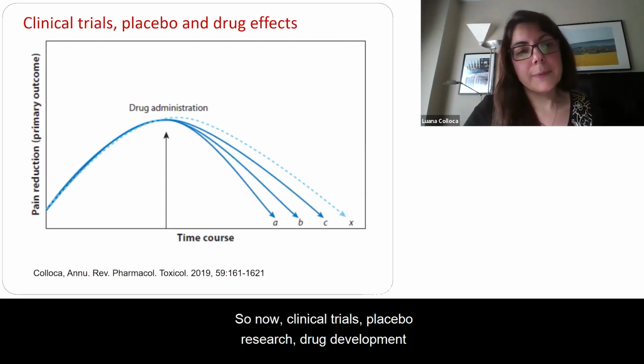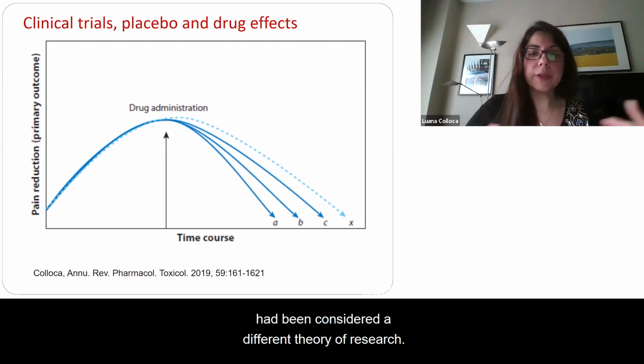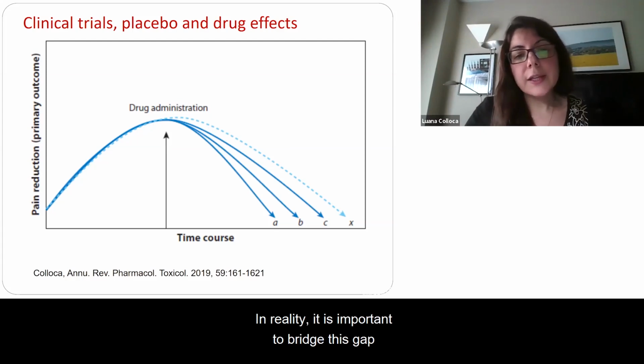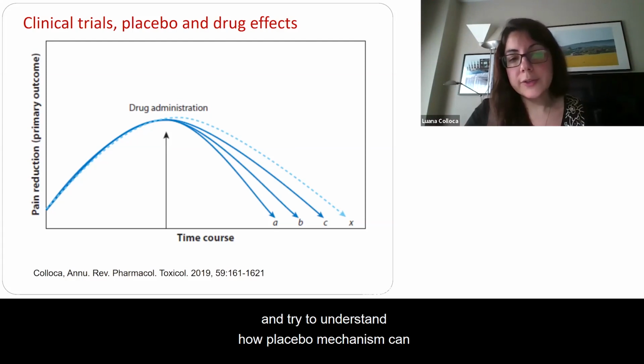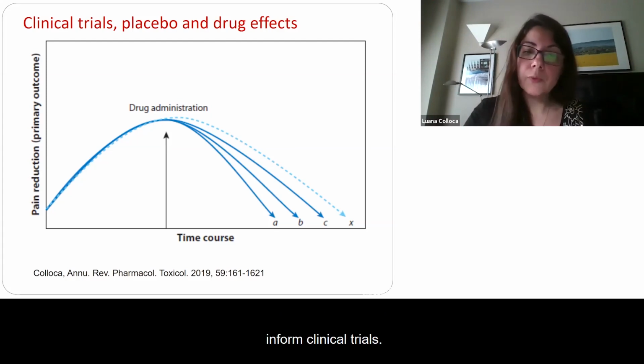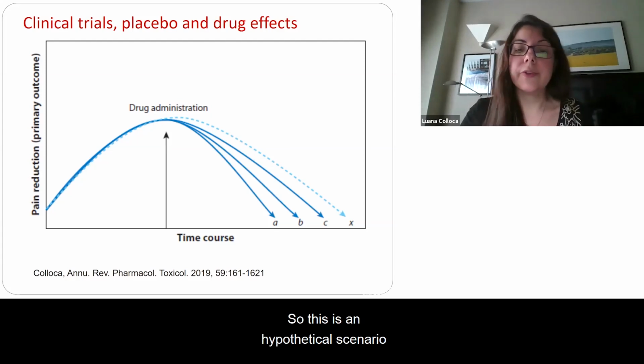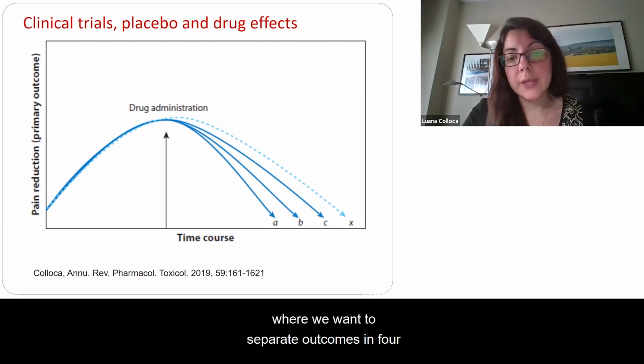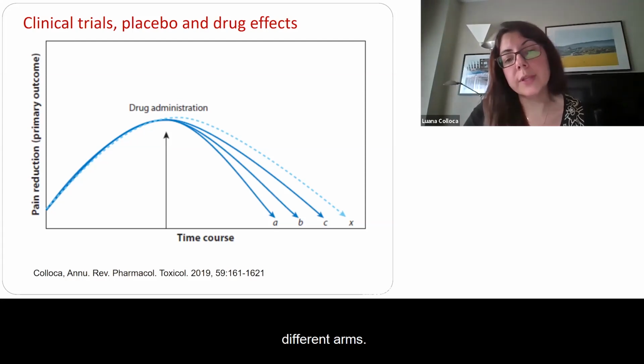Somehow, clinical trials, placebo research, drug development have been considered different areas of research. In reality, it is important to bridge this gap and try to understand how placebo mechanism can inform clinical trials. So this is a hypothetical scenario where we want to separate outcomes in 4 different arms.